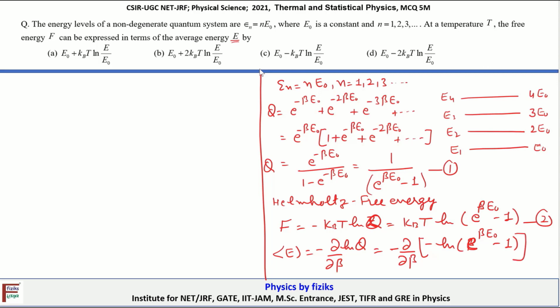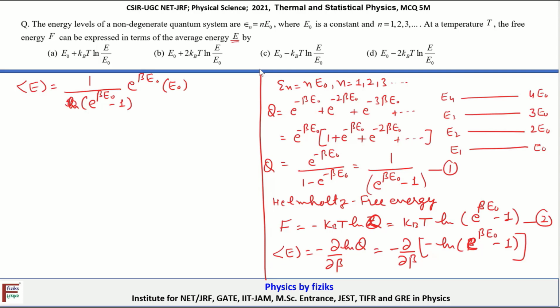Minus and minus will become plus, so the derivative of the logarithmic function gives 1 upon exponential beta E0 minus 1, and then differentiating exponential beta E0, and the differential of the exponent with respect to beta gives us E0.